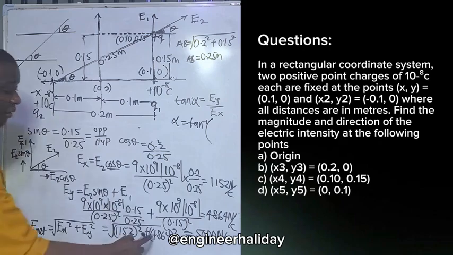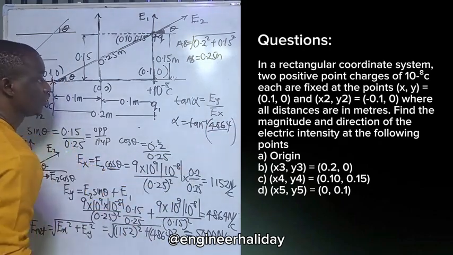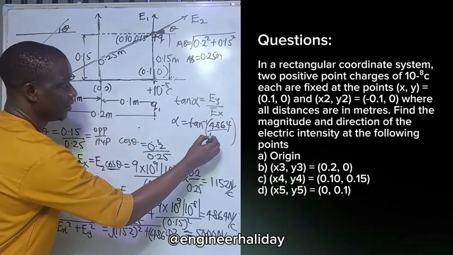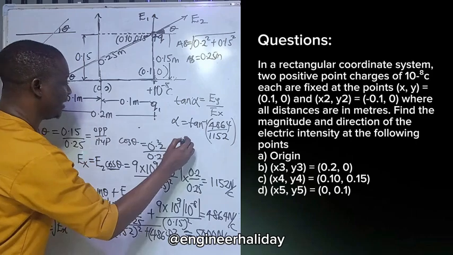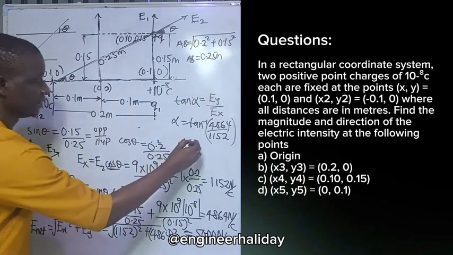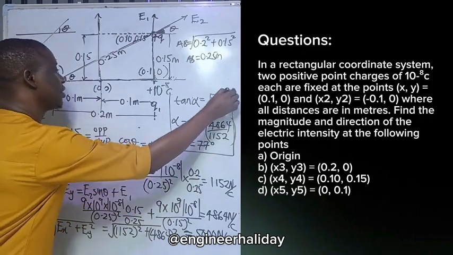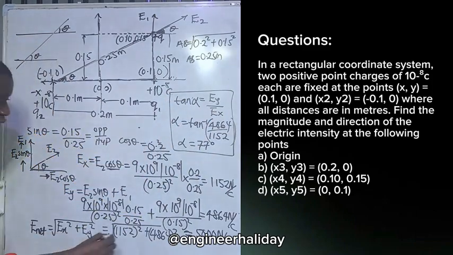EY is 4864. EX is what? 1152. So if you find the direction, what do you have? Approximately 77 degrees. So this is our direction, and that is our magnitude for this question.